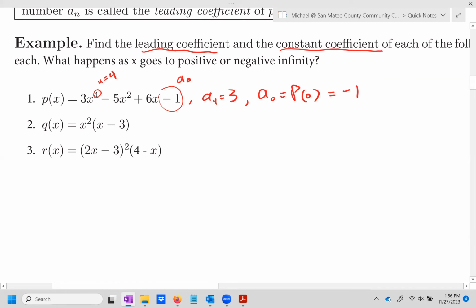Same thing in this case. If I plug in 0, that's 0, 0, 0, -1 is what's left. But when it's expanded like that, you just look all the way at the end, and it's the one with the constant. There's no x.